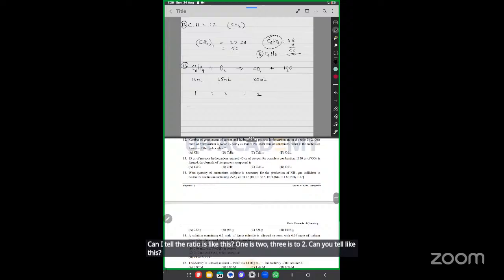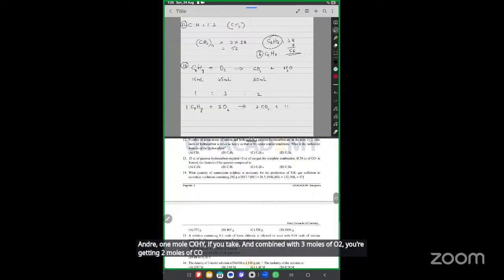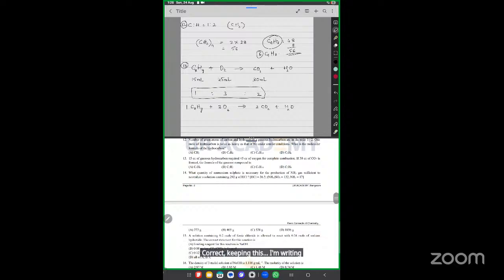Keeping this, you have to tell the formula of the gas, right? For that, can I tell the ratio is like this, 1:3:2? 1 mole of CxHy combines with 3 moles of O2, giving 2 moles of CO2 and H2O. Keeping this, I'm writing this equation. See, for balancing, we have like this.